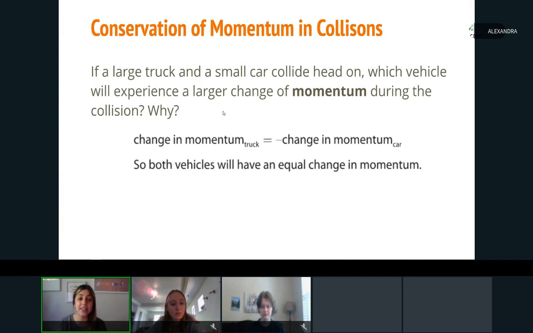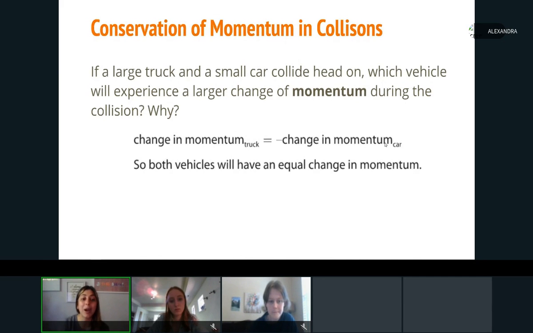You're going to see that there is a bigger change of velocity and distance, but the momentum altogether is actually the same, right? So we've got the change in momentum in the truck is actually equal to the change in momentum in the car, but like Abby said, it's going to be going in the opposite direction because the truck is the one that has more mass.